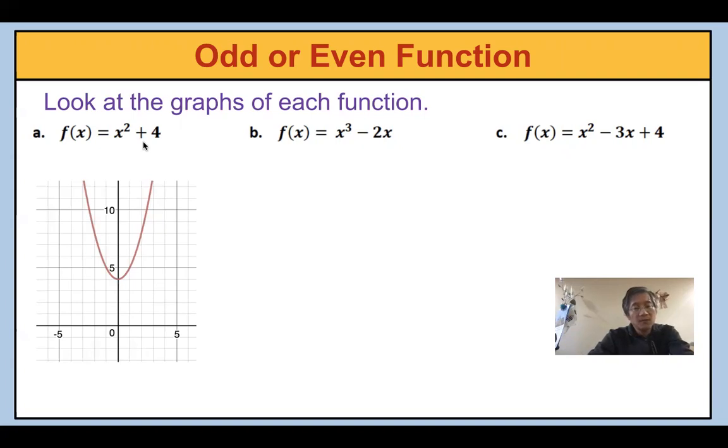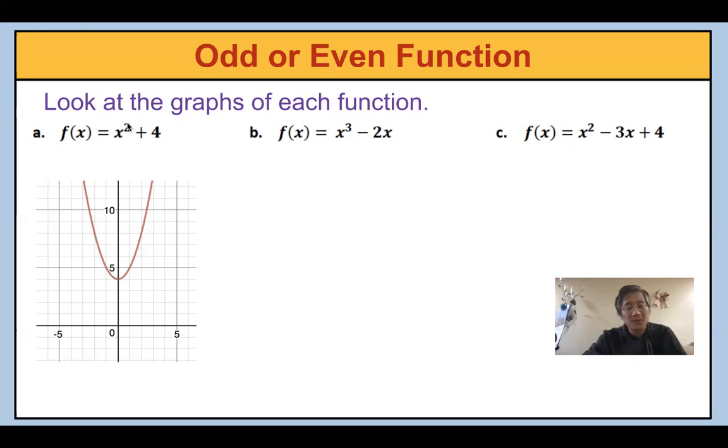What kind of function is this? Yeah, see, it's symmetric about the y-axis. So when x is positive and when x is negative, you compare both of them and they have the same y values each time, right? Oh, this is an even function.